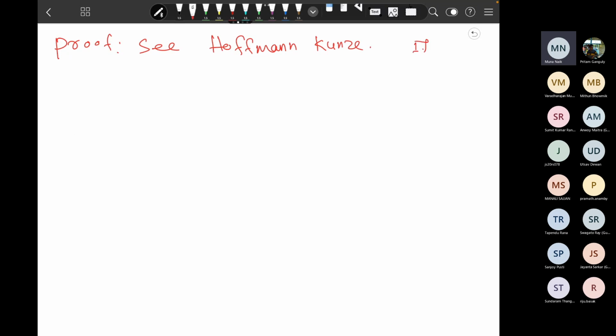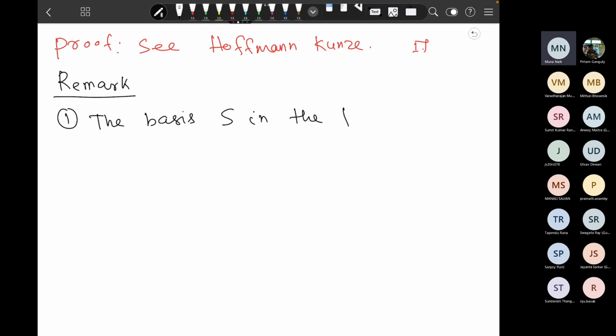So, remark. First, remark that this basis S in the previous theorem is called a symplectic basis.